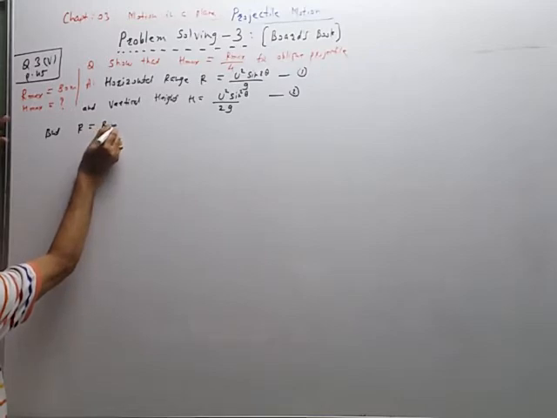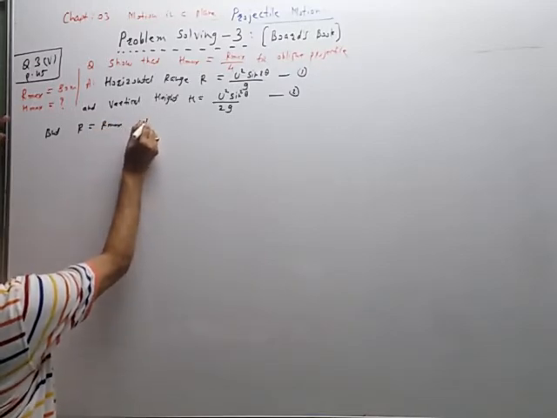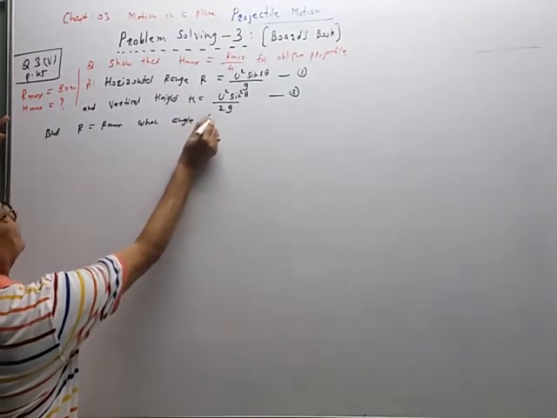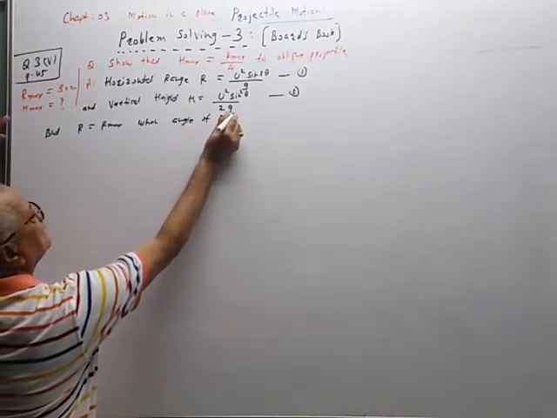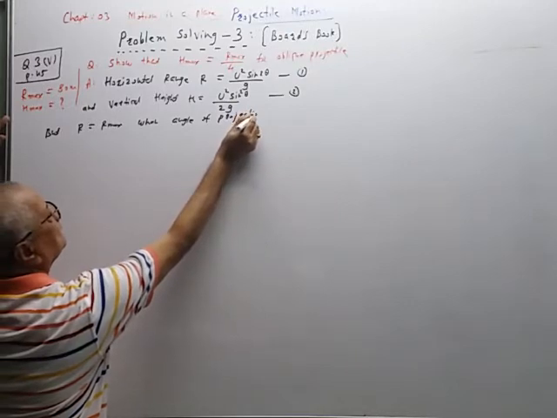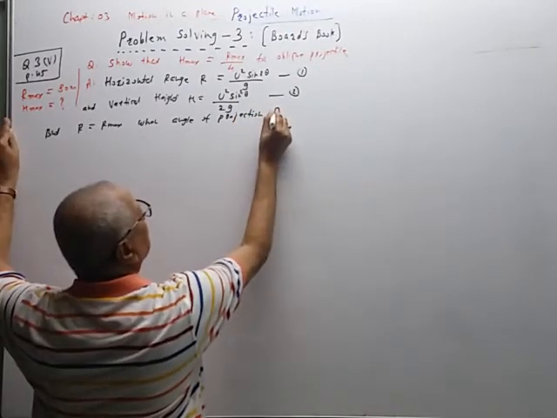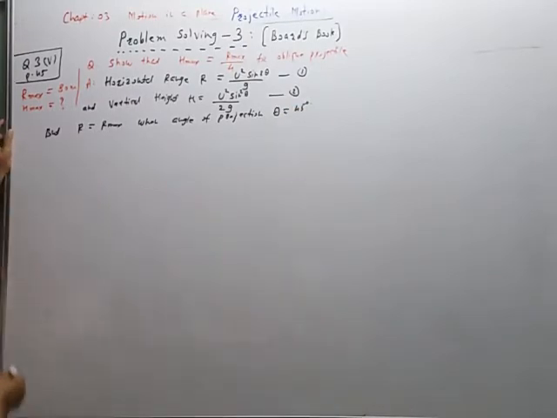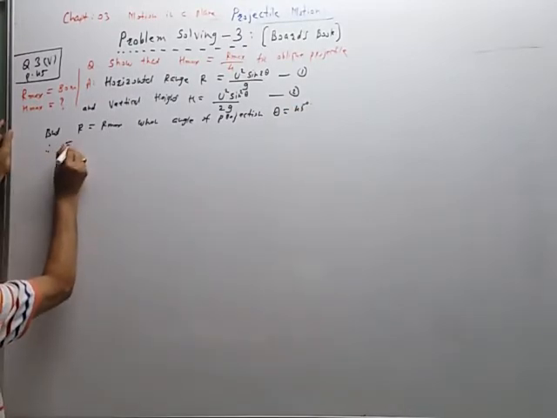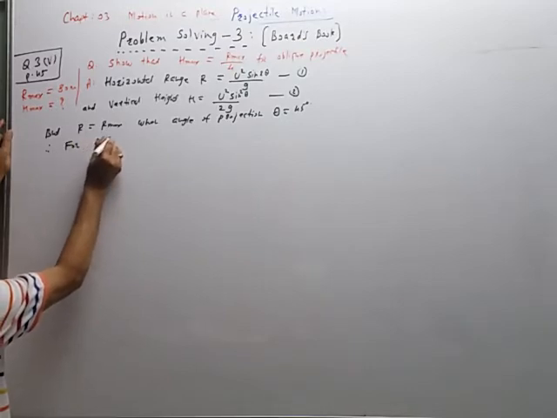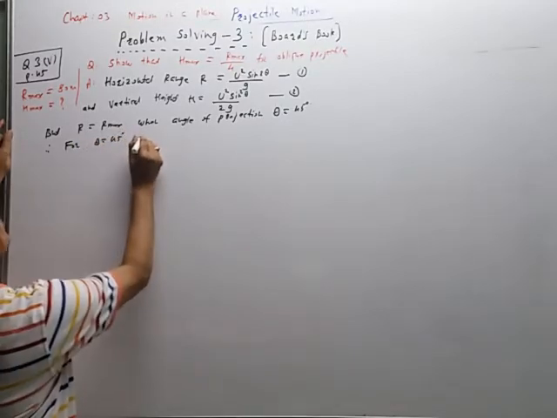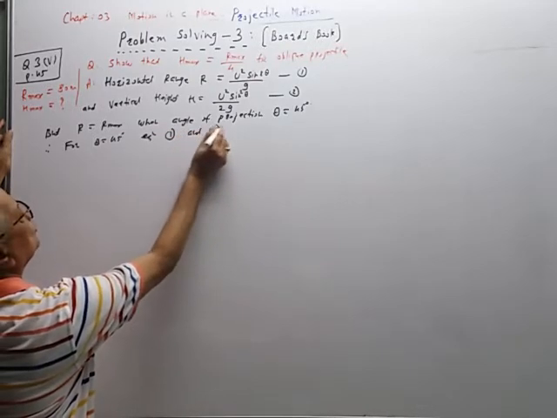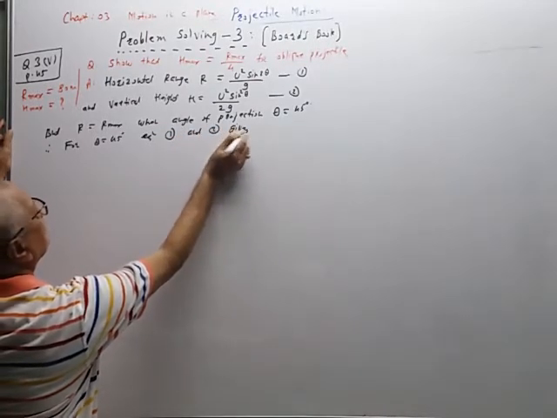But R is equal to R max when the angle of projection theta is equal to 45 degree. Therefore, for theta is equal to 45 degree, use equations 1 and 2.